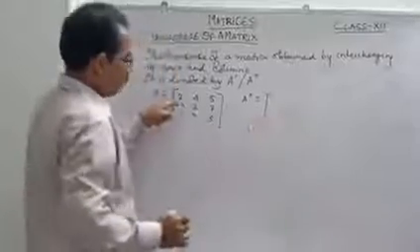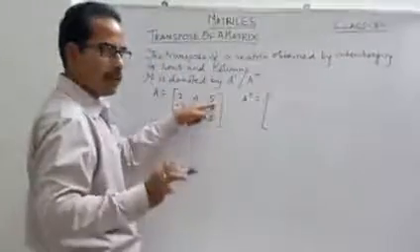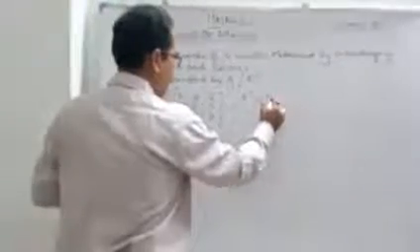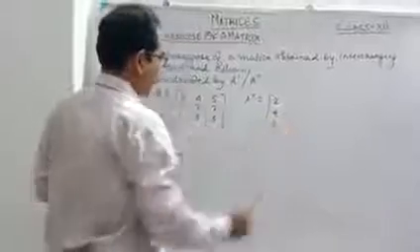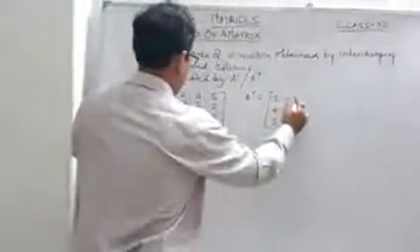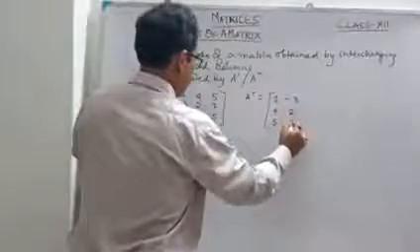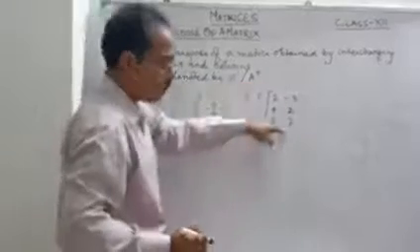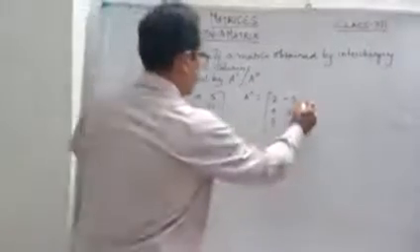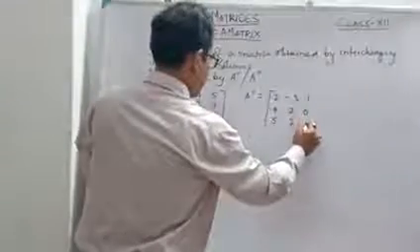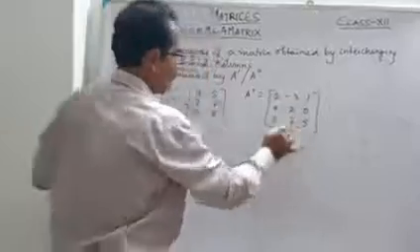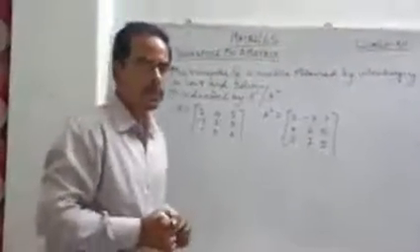Look here. 2, 4, 5 is in the first row, so write these elements in the first column. Then minus 3, 2, 7, the second row, changes to the second column. And the third row, 1, 0, 5. So A transpose will be this one. This is what you call the transpose of a matrix.